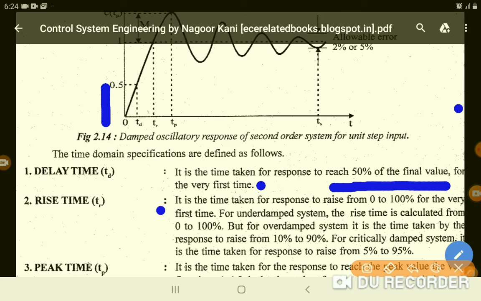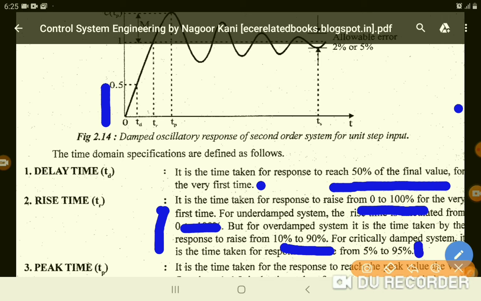Then rise time is the time taken to rise from 0 to 100%. It varies for different systems. For an underdamped system, it varies from 0 to 100%. For an overdamped system, 10 to 90%.